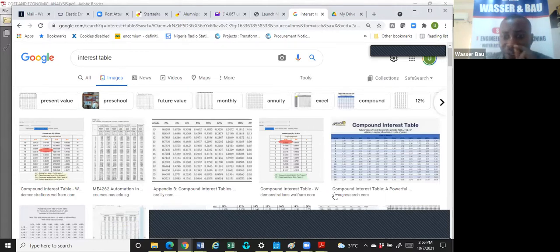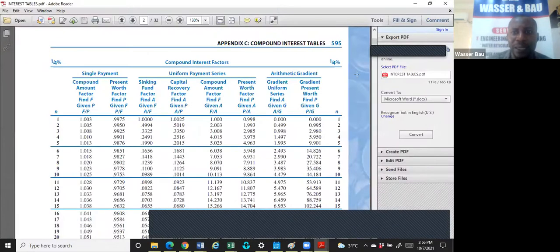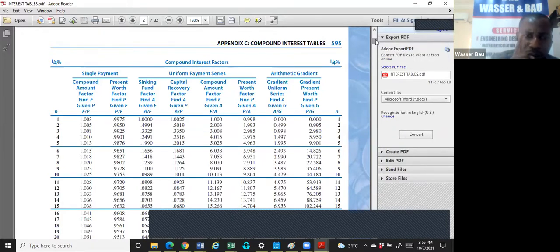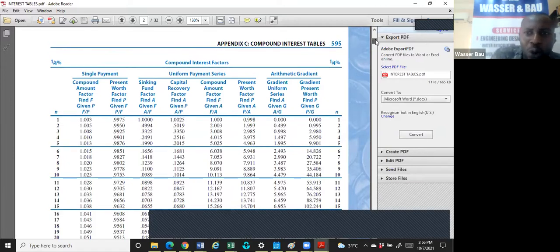Then if I want to use the interest table to get my 11 million, first of all, since the interest rate is 10%, remember the question: I borrowed 10 million at 10% interest. After 1 year, how much will I pay? We know the answer is 11. So I go to the table that has 10%. This interest table has about 32 sheets, and every page has a particular interest.